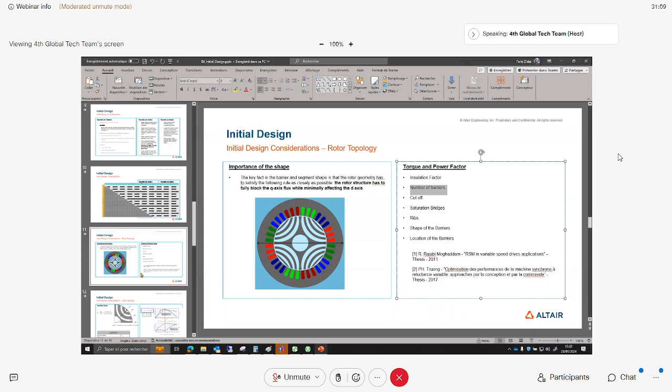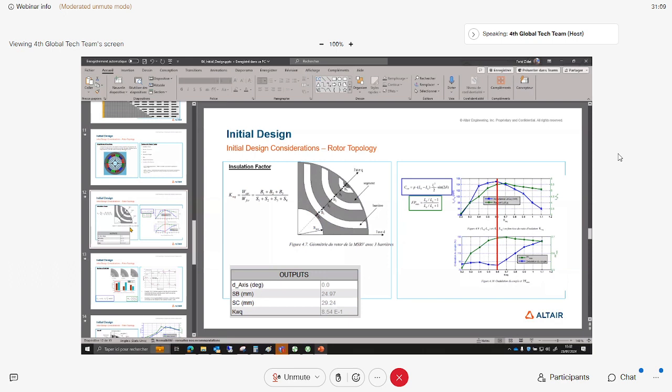So let's start with the insulation factor. The insulation factor is a ratio between air and iron that we have on the Q direction. As you can see here, in green we have the power factor, and in blue we have the torque. The optimal power factor is at 0.6.